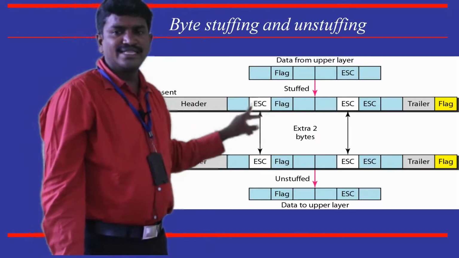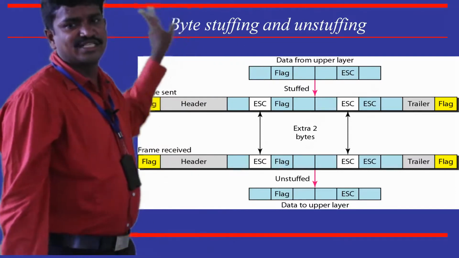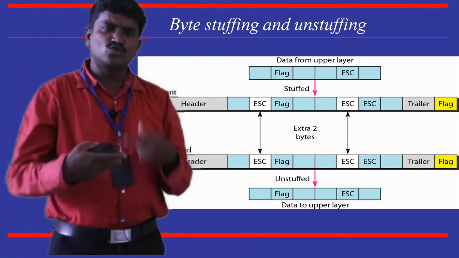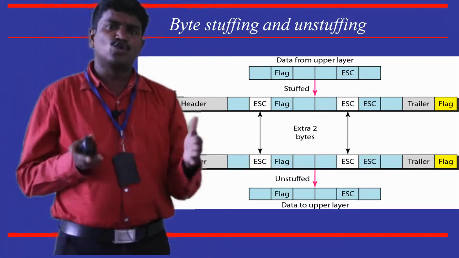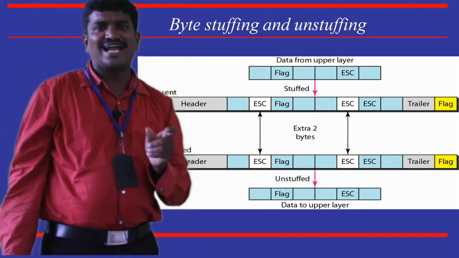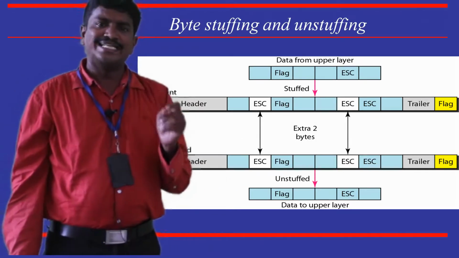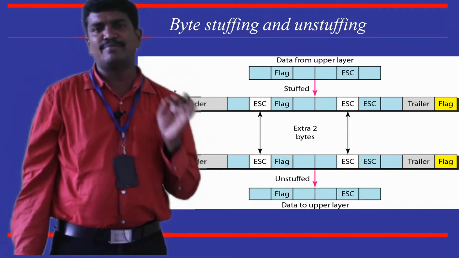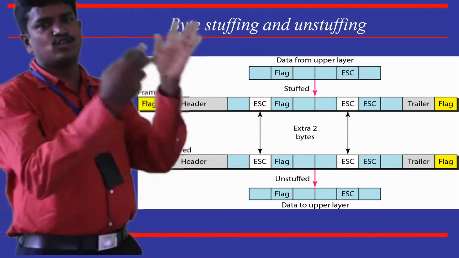So in the byte stuffing method, it is going to examine the data. In the data, if there is a flag-like structure, then it is immediately preceded by an escape sequence. Then it is sent to the receiver.